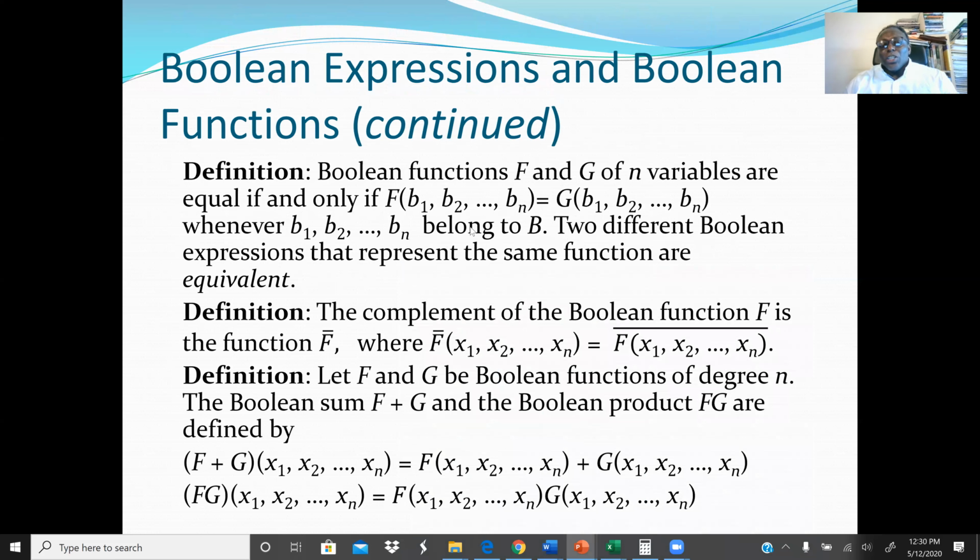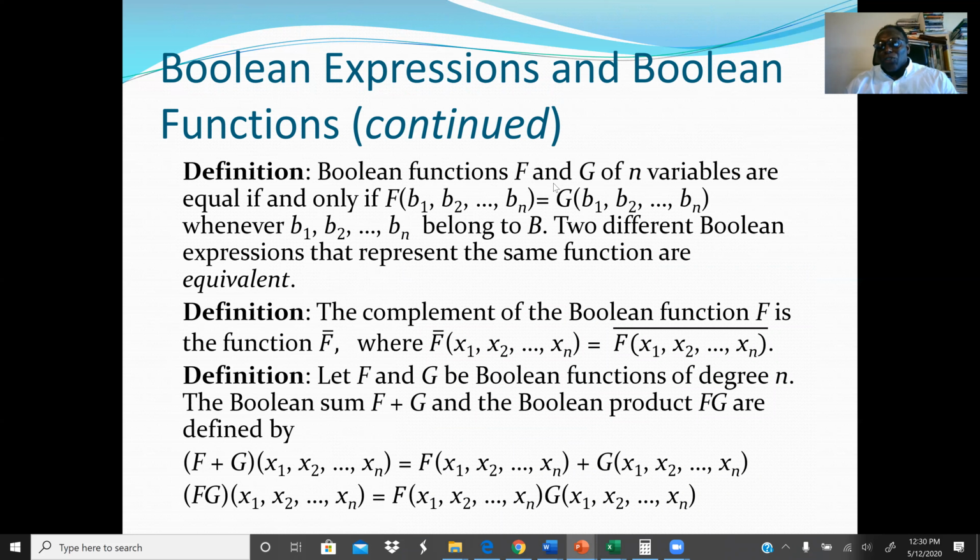So Boolean expression and Boolean function, we continue here. We have the definition saying that Boolean functions f and g of n variables are equal if and only if f with its variables b1 up to bn and g have the same variables b1 to bn.